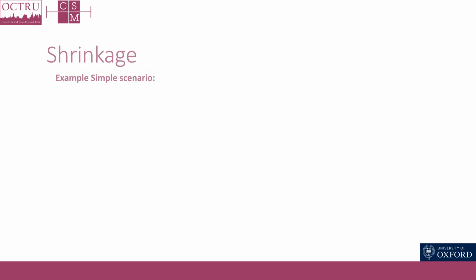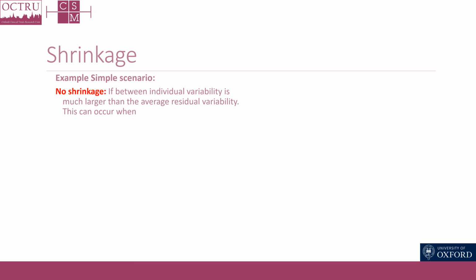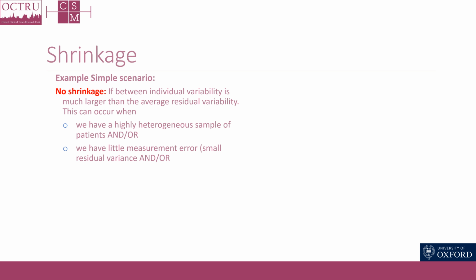In a simple scenario where we only have a random intercept, we will have no shrinkage if between individual variability is much larger than the average residual variability. This can happen when we have a highly heterogeneous sample of individuals, or we have little measurement error, or large cluster sizes.